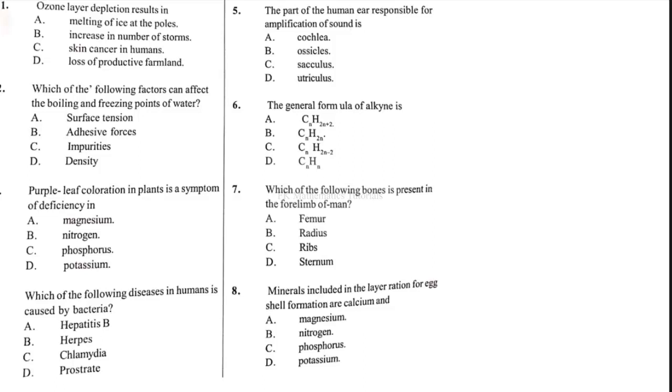Because of that, it can bring about various types of diseases like skin cancer and sunburn. Then your immunity can become weak. You can also suffer from cataract, among others. So in this case, the correct answer should be option C.